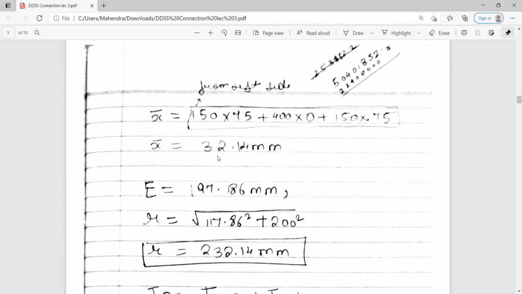The value of X bar you get is 32.14. See whether you are also getting this value or not. Understood? If anyone has any doubt about this, you can ask. Yes, just see the diagram.